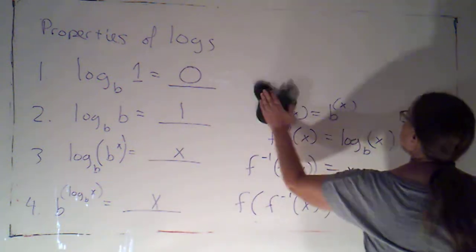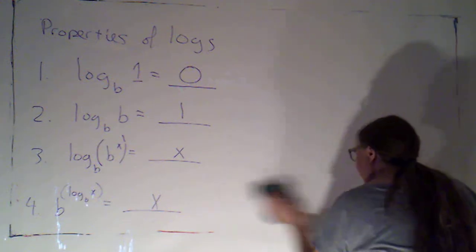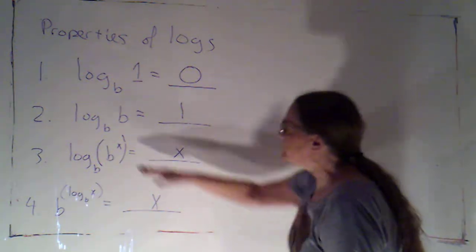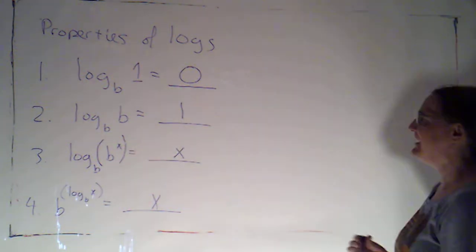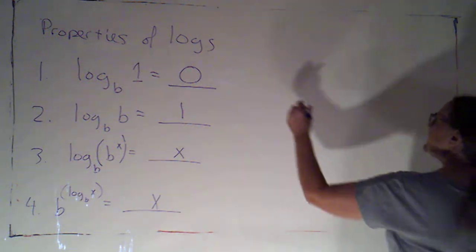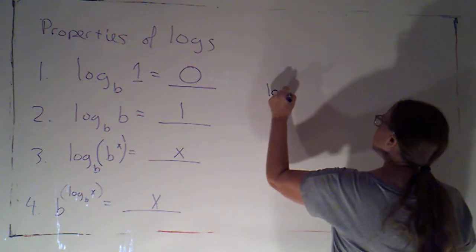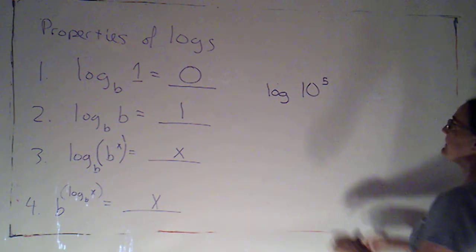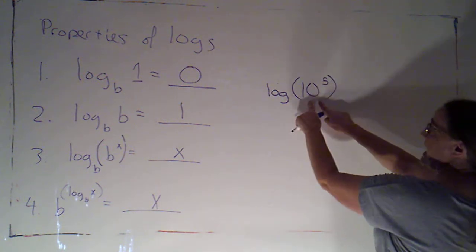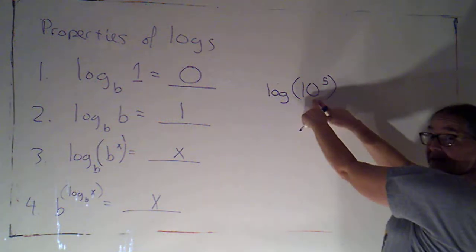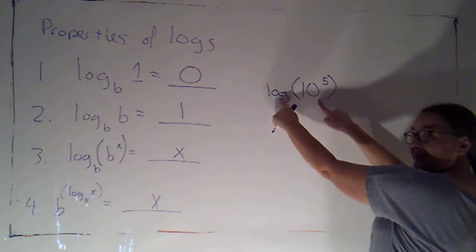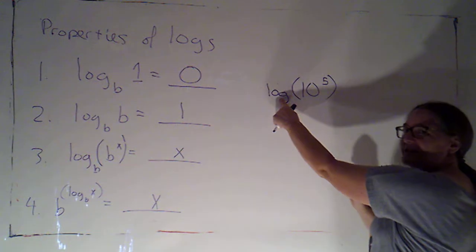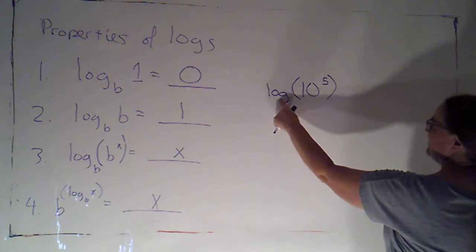All right. So let's just practice a little bit, because these things look a lot more complicated than they are. Let's say I had the log of 10 to the 5th. Well, that's the exponential function with a base of 10 being plugged into the common log, which is the log function with the base of 10.